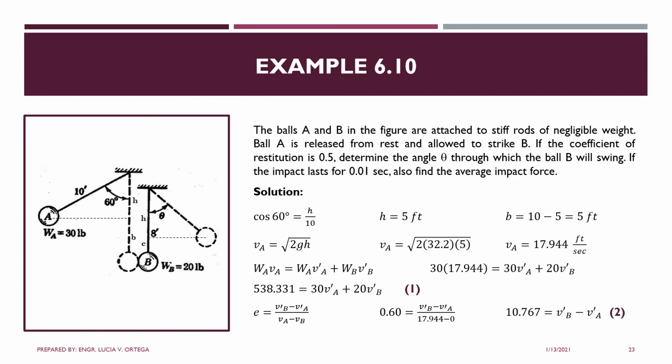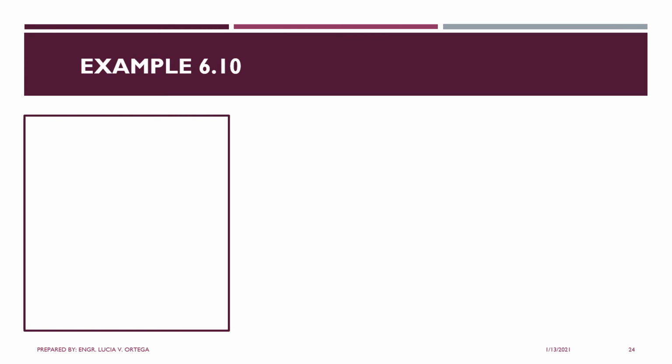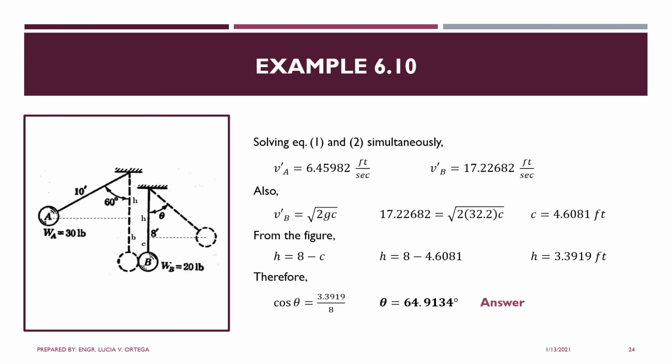Solving equations 1 and 2 simultaneously will give you the velocity of A after impact, at the point of impact contact, 6.45982 feet per second, and the velocity of B to be 17.22682 feet per second.